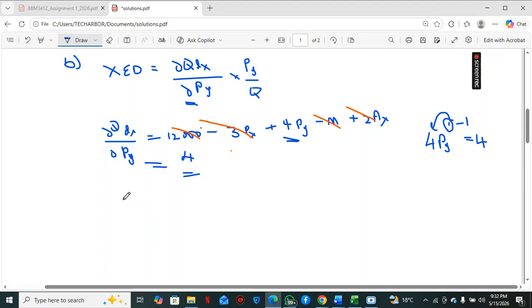Okay. So when we get to our formula here, cross price elasticity of demand, where we say partial derivative of the demand function with respect to py multiplied by py over q, this equals 4 multiplied by py, which in the question was given as 1.